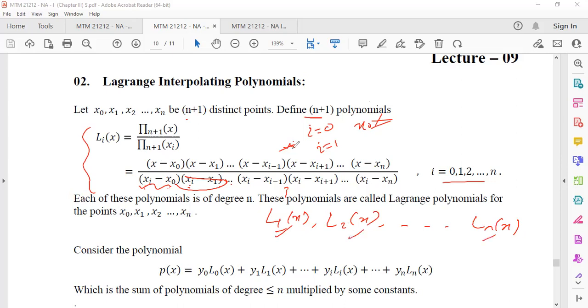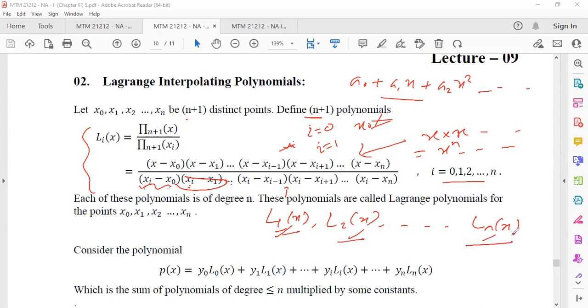Since, as one of you said, here we are having x multiplied n times, you will have something like x to the power n, a polynomial. So what is the polynomial actually? a0 plus a1x plus a2x squared, something like that. Likewise, you will have one polynomial for L1, similarly L2, similarly L3. These kinds of polynomials. So let's continue.